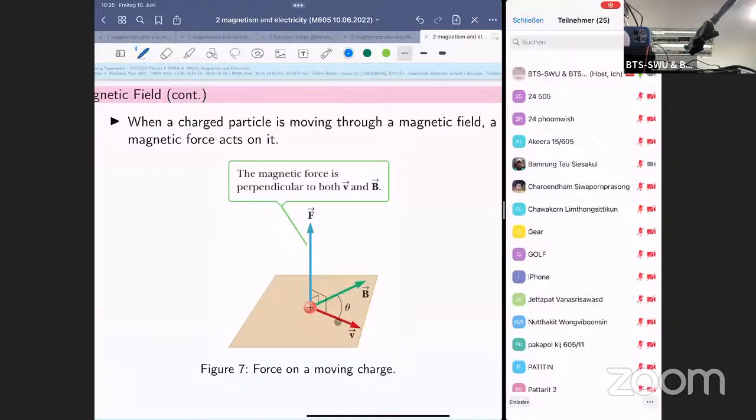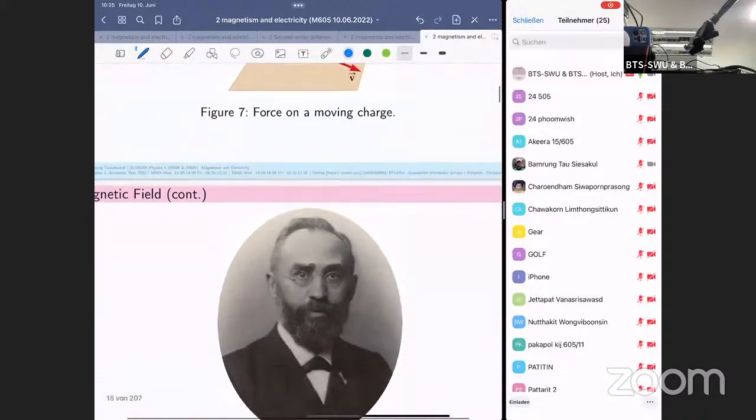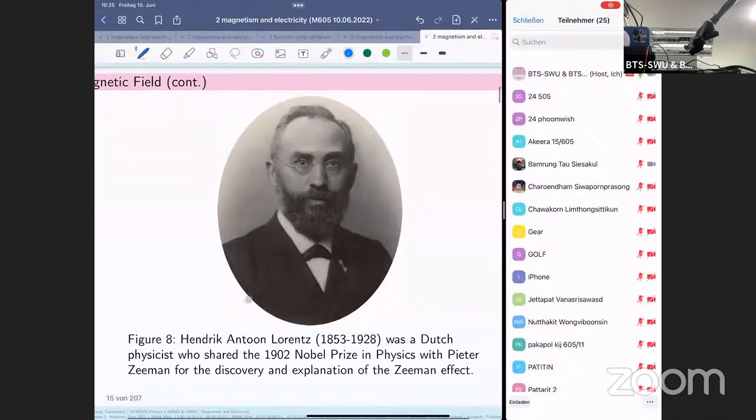You rotate your forefinger from V to B, and the thumb direction will point outward. The induced force will be in the same direction as your thumb. And the person who observed this phenomenon is this scientist or physicist.